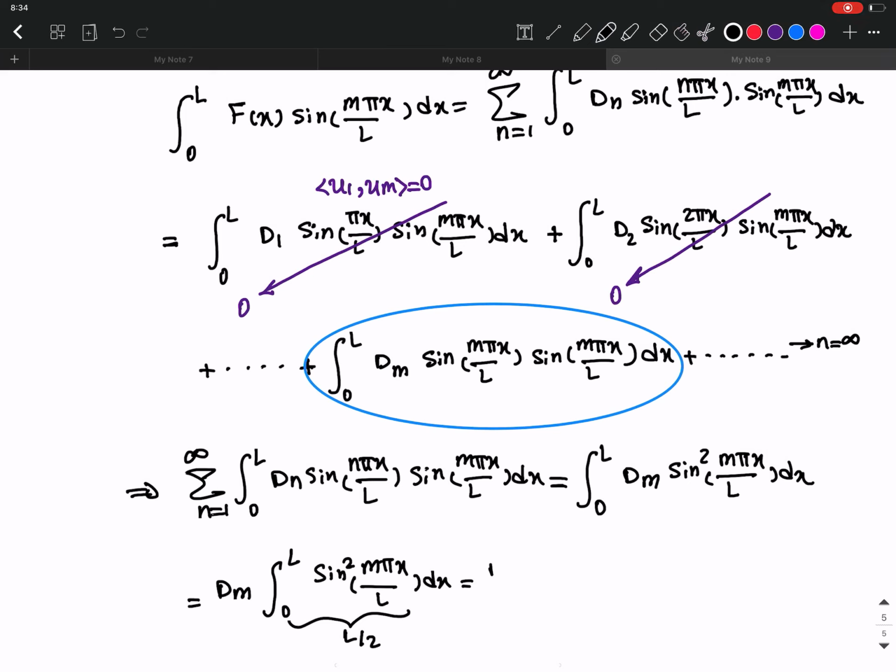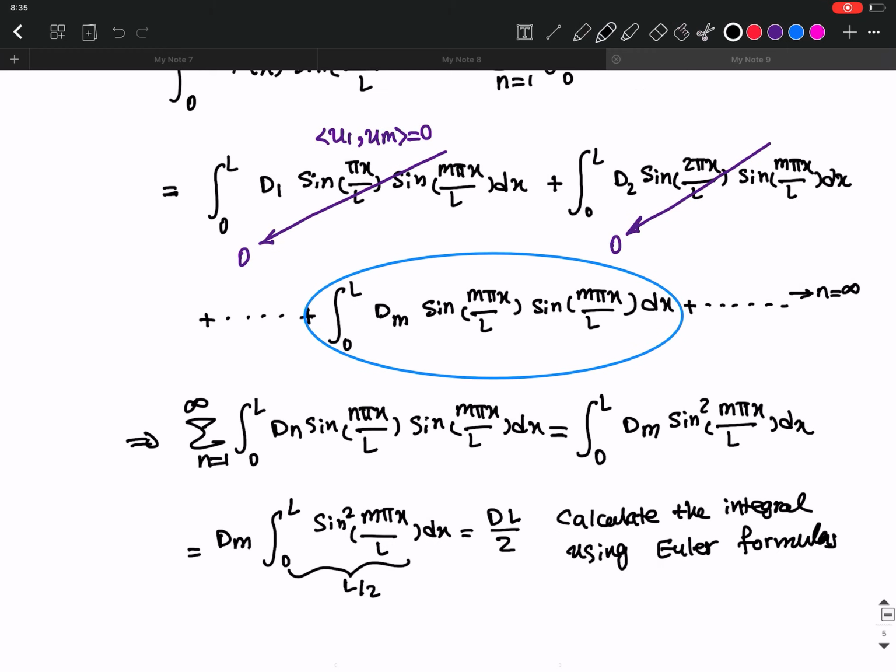So you are going to get dm L over 2. So calculate the integral using Euler formulas or some trigonometric relations, and then you will come up with L over 2, and this is going to be your final solution for this sum.